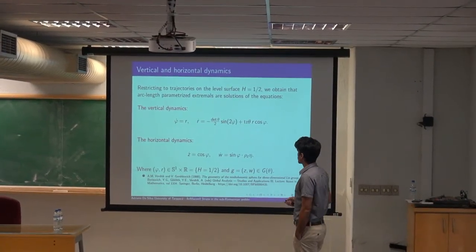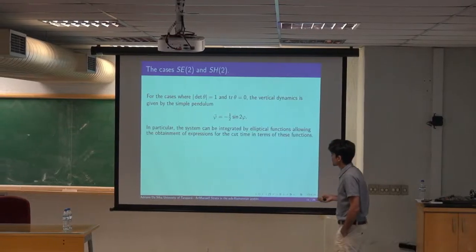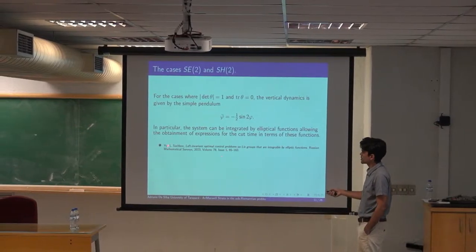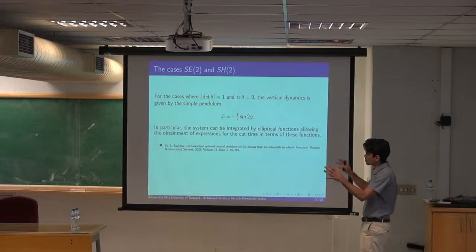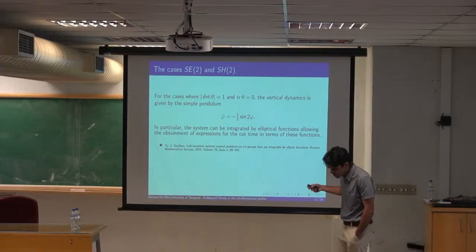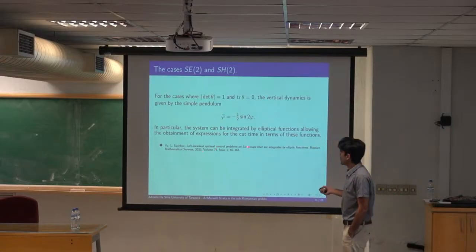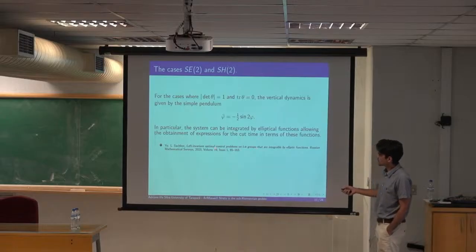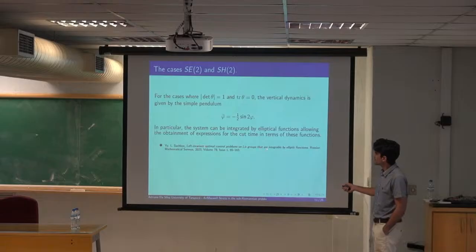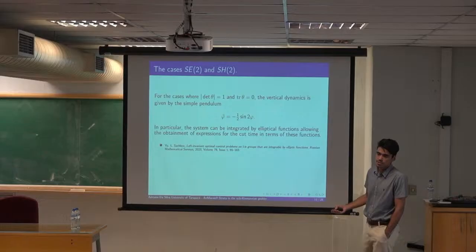The point is that in both works, here is a survey that has all the works of Sachkov and his PhD students, this kind of system appears as a simple pendulum, and you can integrate it by elliptic functions.